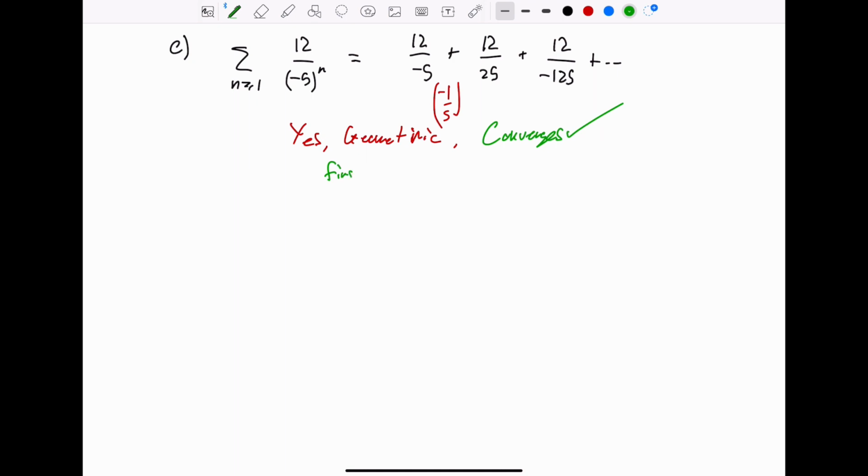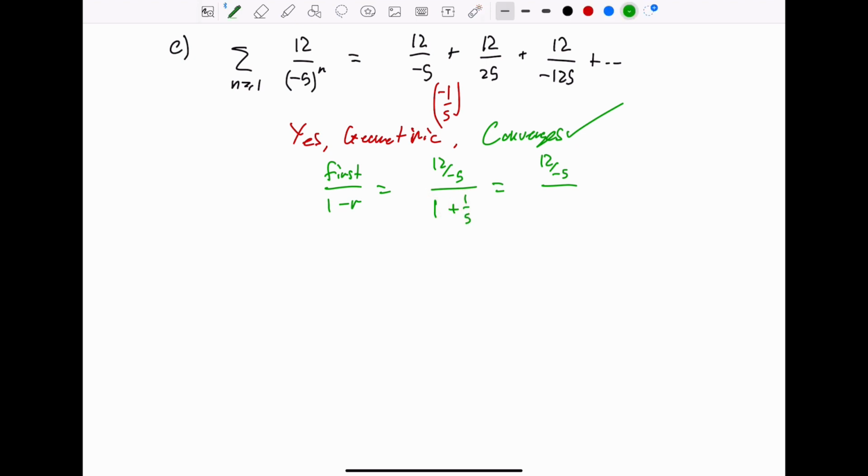We take the first term, divided by 1 minus the ratio. What is the first term here? It's simply 12 divided by negative 5. So we take 12 divided by negative 5, divided by 1 minus the ratio. The ratio here is negative 1/5. So 1 minus negative 1/5 is 1 plus 1/5. And we could simplify a bit here if we want. 12 divided by negative 5, over 1 plus 1/5, that's 5/5 plus 1/5.